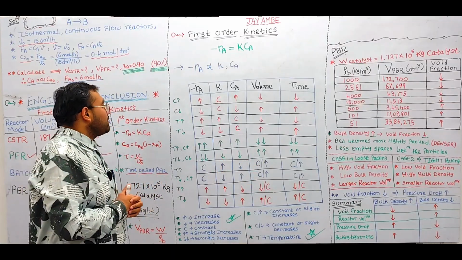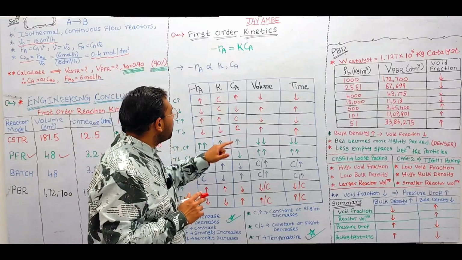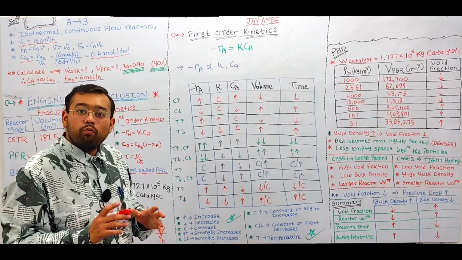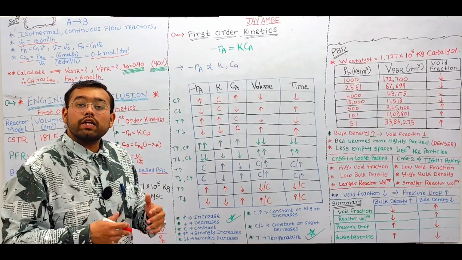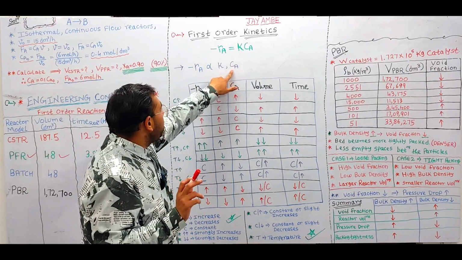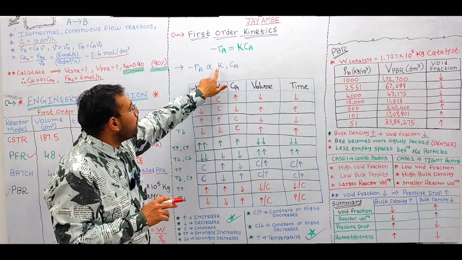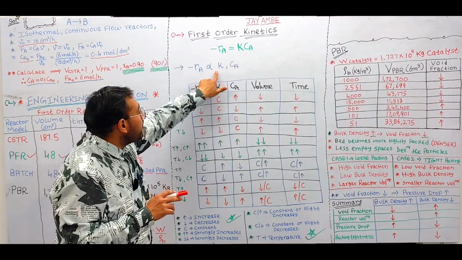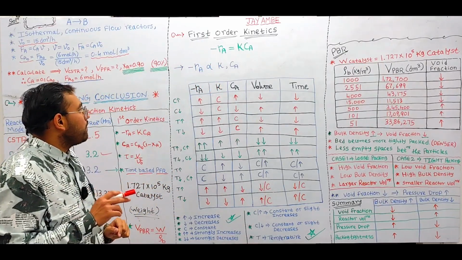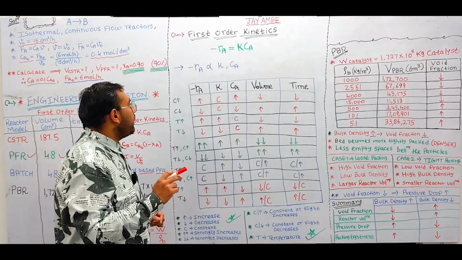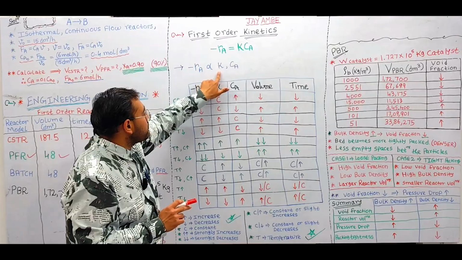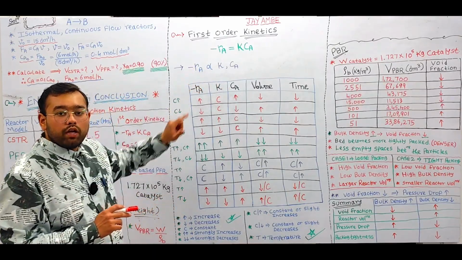So let's understand that. By keeping the concentration constant, what if we increase the rate constant? Due to the first order reaction kinetics, where the given rate law is -Ra = kCa, we have direct proportionality of the reaction rate constant with the reaction rate.